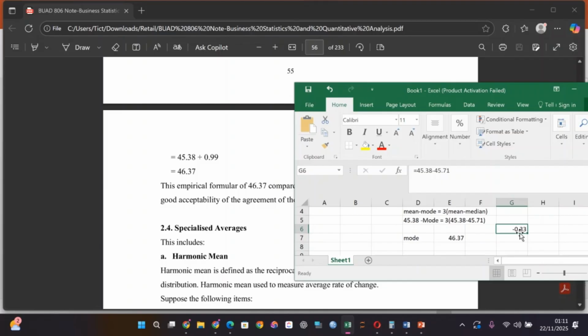Then what do we do now? This is what is going to be inside this bracket, because I minus this from this, I get minus 0.33. Now if I multiply, the value that is here, this 45.38, is supposed to be minus what is on the other side, right?